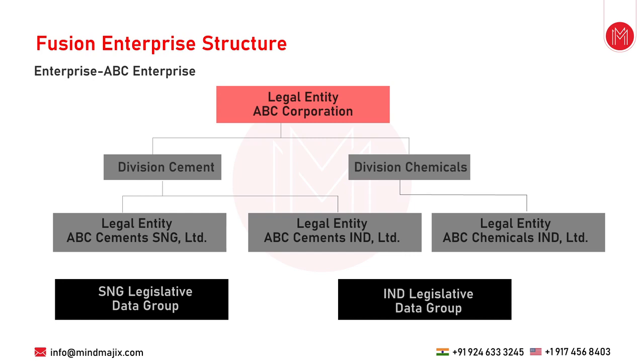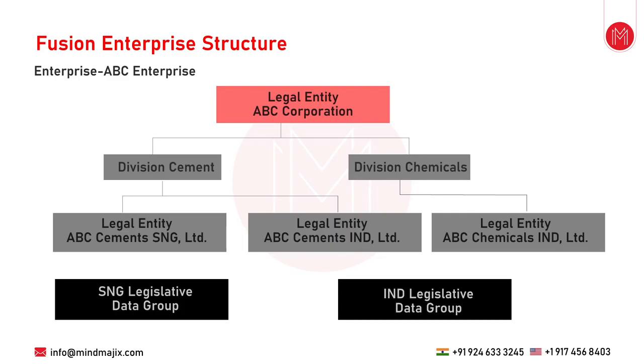We will be talking more about legal entity and division in our upcoming sessions, but this is just a basic setup of how the enterprise structure works in Oracle Fusion.